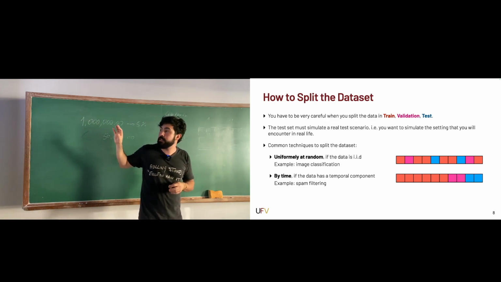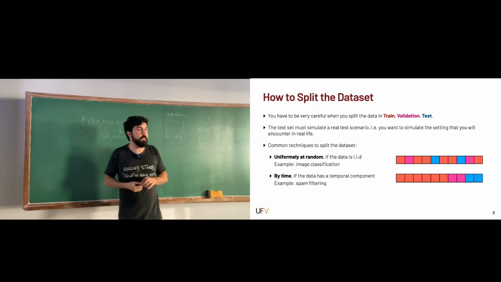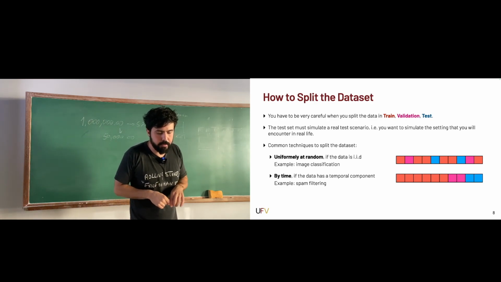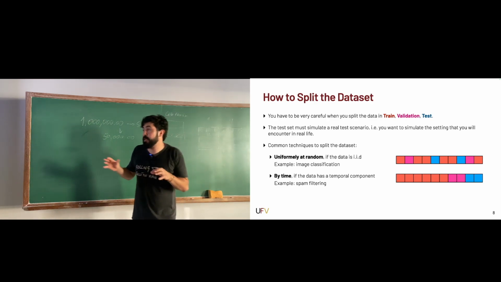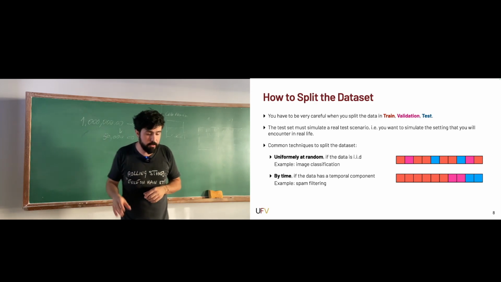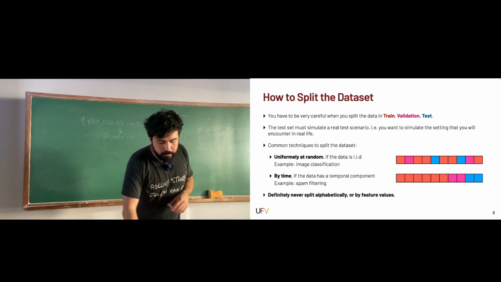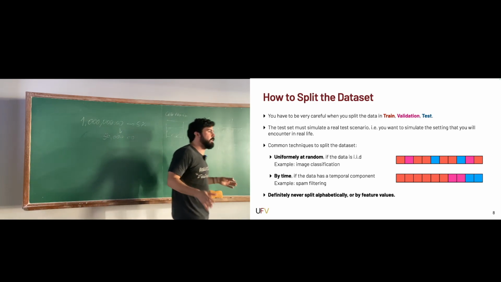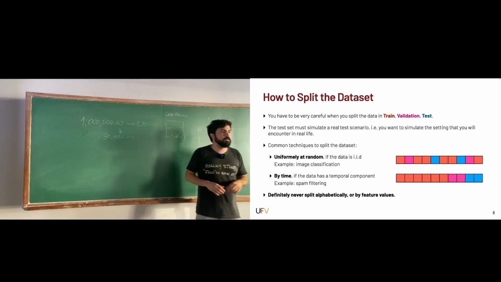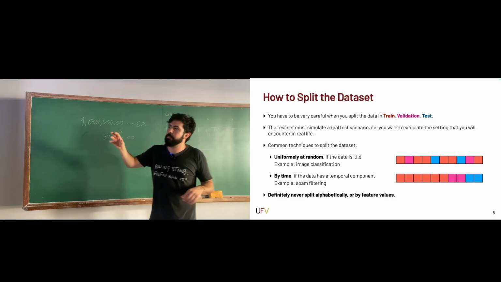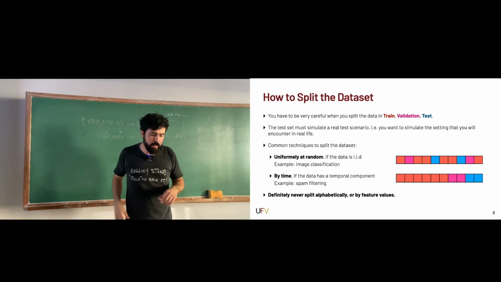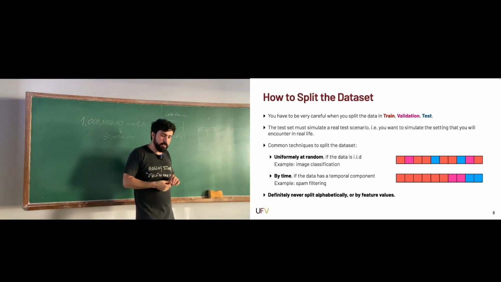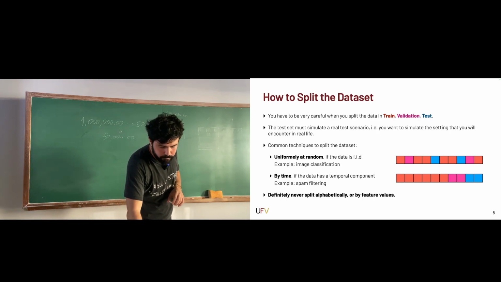And in this case, that's how you should be splitting your training data set. And I'm not saying these are the only ones you can select. But definitely never split alphabetically or by feature values or anything like that, okay? So best guess is at random, and if you have this time component, make sure to respect that.